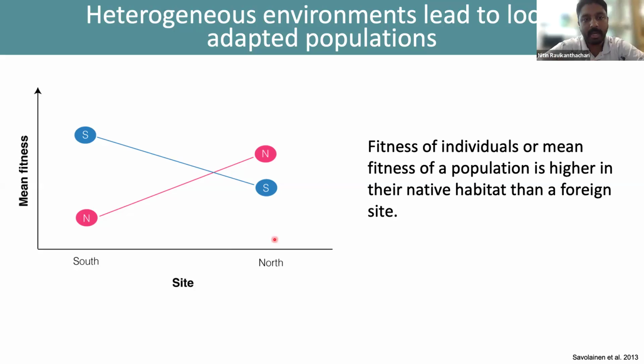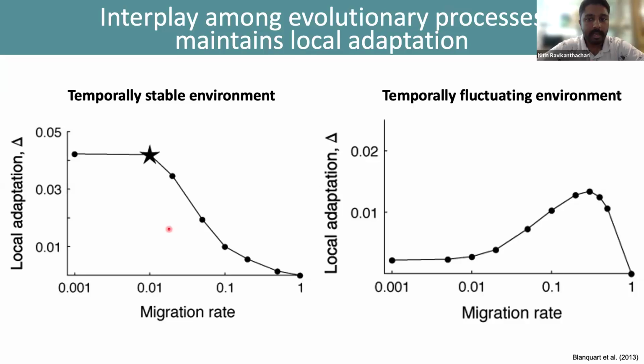And local adaptation is maintained through the interplay among various evolutionary processes, including drift, selection, and gene flow. And each point here in this graph that I'm showing on the right and left represents the difference in fitness between sympatry and allopatry averaged over the whole metapopulation.